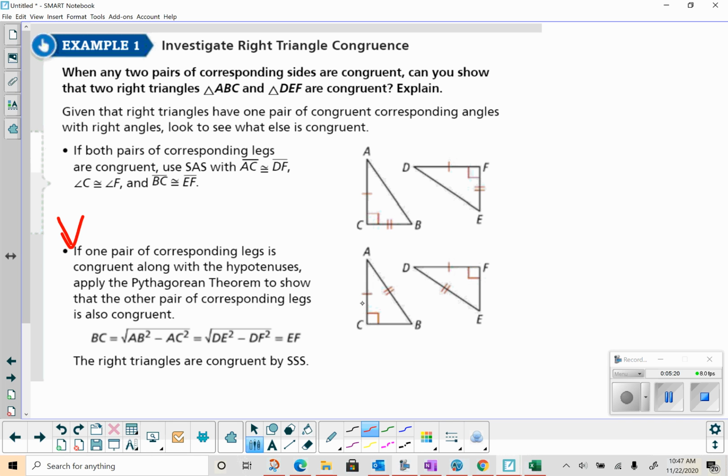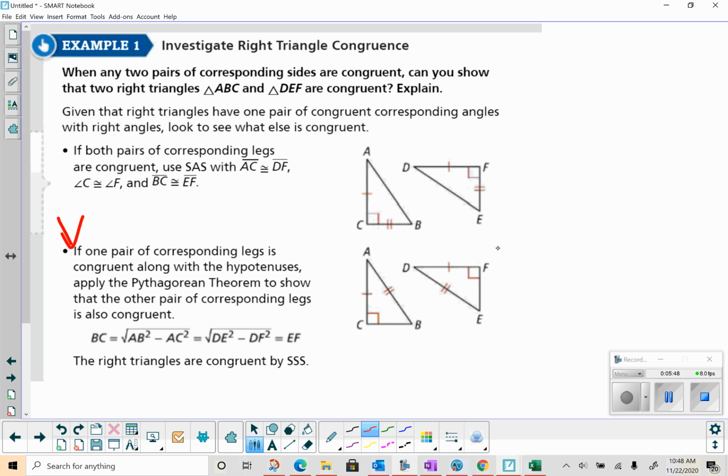We have segment AC and segment AB marked congruent to segment DF and segment DE respectively. But now the right angle is not the included angle. This appears at first to be angle-side-side, which you're never ever going to use. You're never ever going to write that down as your response.